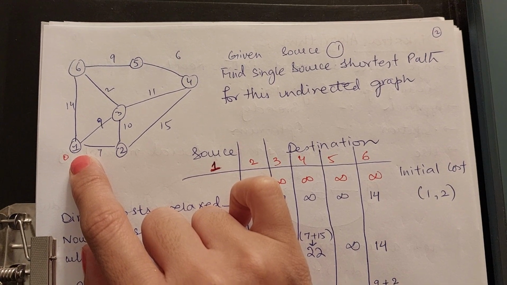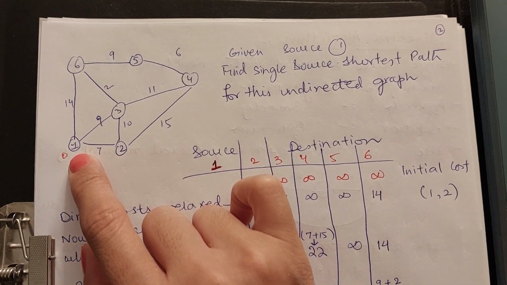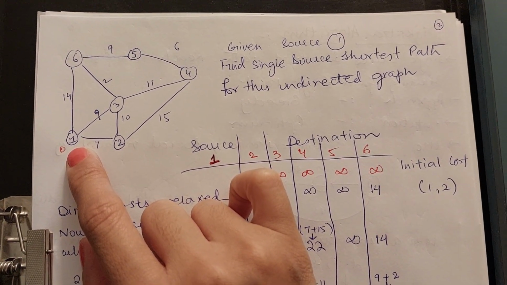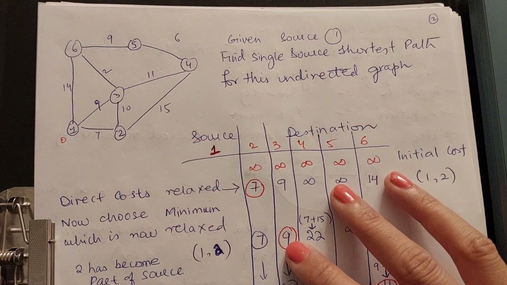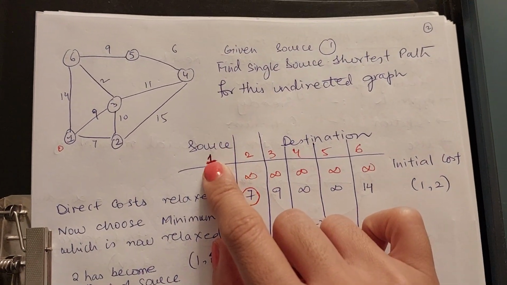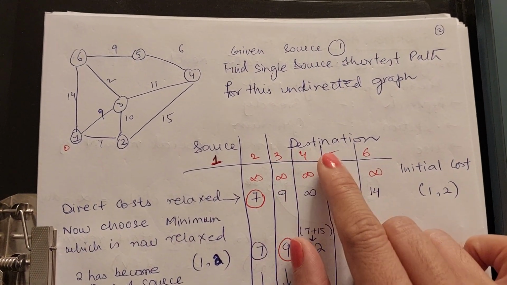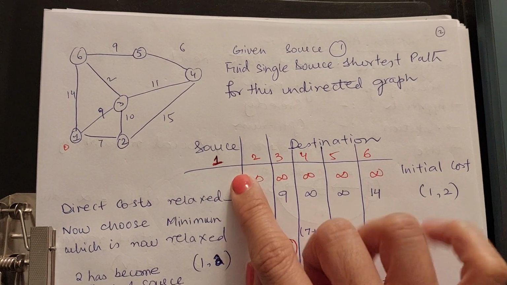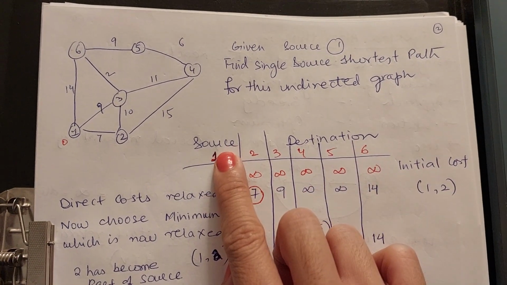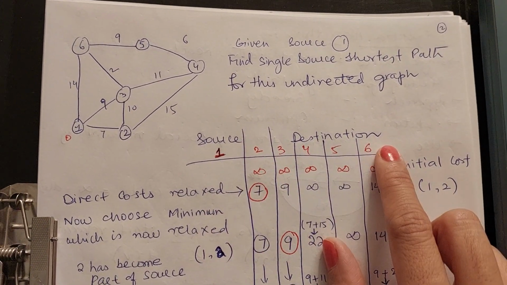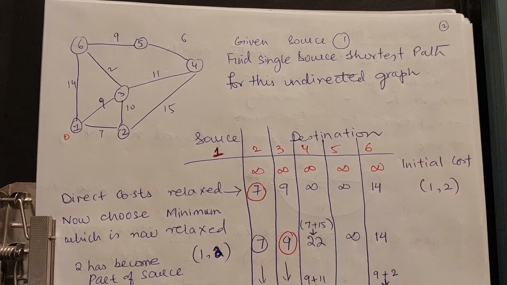So first of all, if you want to solve this question in a very appropriate manner, you have to make this table. In this table, you write that my source is node 1 and my destination will be node 2, 3, 4, 5 and 6. So basically, out of these 6 nodes, one is your source node and the remaining 5 are your destination nodes.